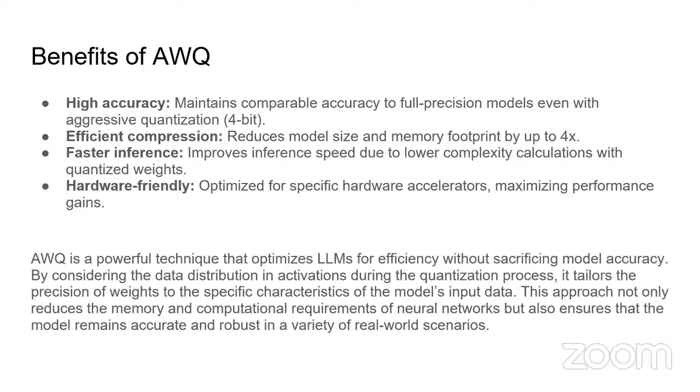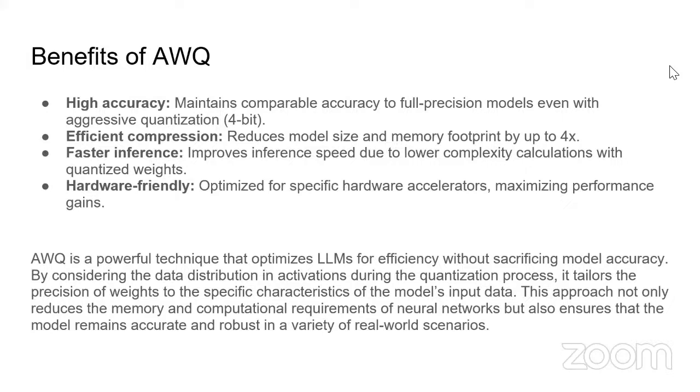Faster inference: it improves inference speed due to lower complexity calculations with the quantized weights. Then it is hardware friendly: it is optimized for efficient hardware accelerators, maximizing its performance gain.